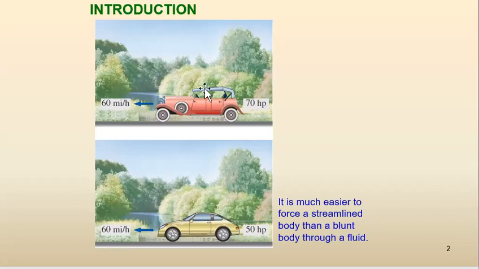For example, here, if we want to keep 60 miles per hour speed, we may need to use 70 horsepower. But here, with the same velocity, we may need much less power because of the improved shape and a certain aerodynamic form of the car.